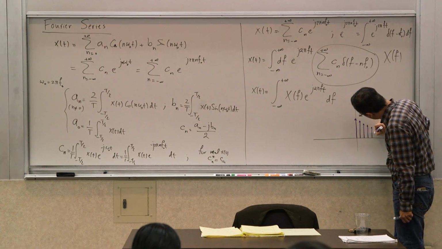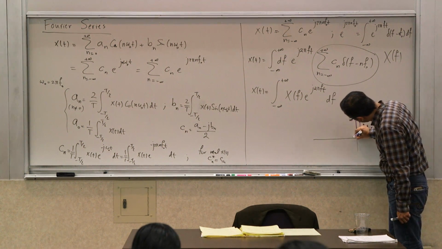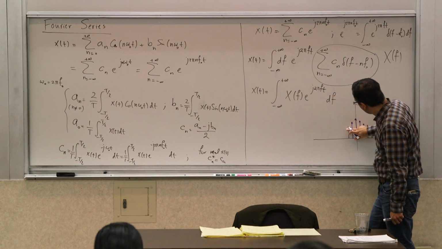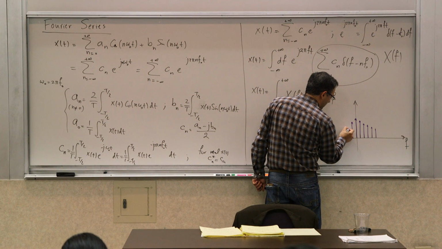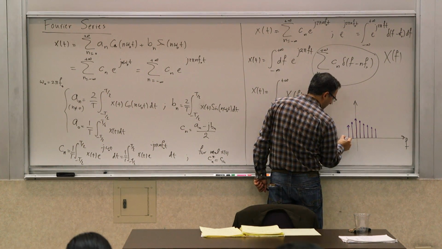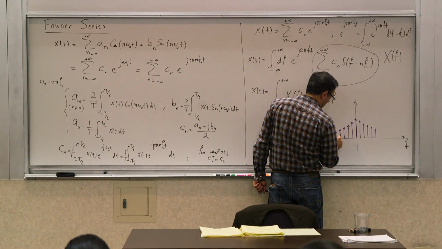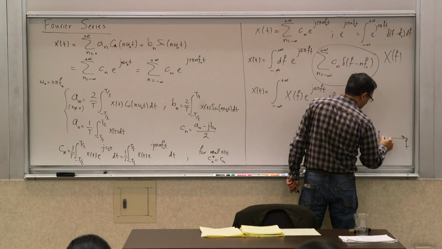Considering the fact that Cn's and C negative n's are complex conjugates, if this is the magnitude part of it, it should look symmetrical. It should keep going on.